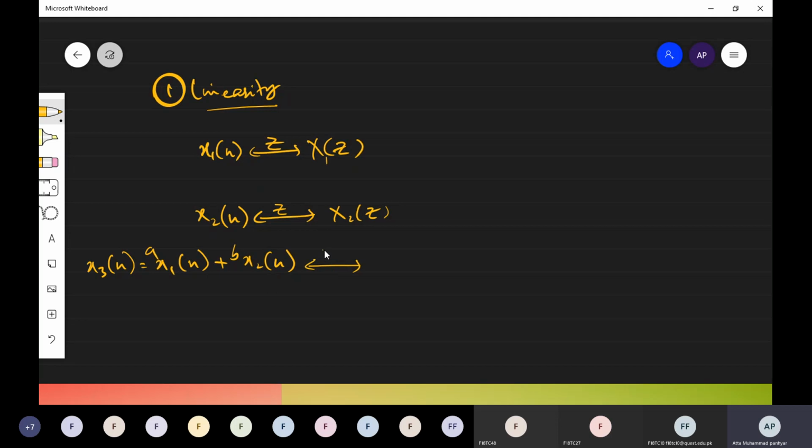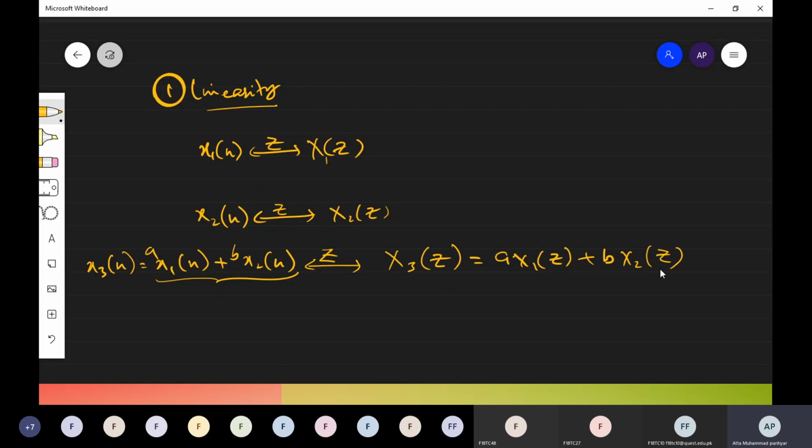and if you find the Z transform of this signal, then the output must be x3 of z, which must be equal to a x1 of z plus b x2 of z, right?